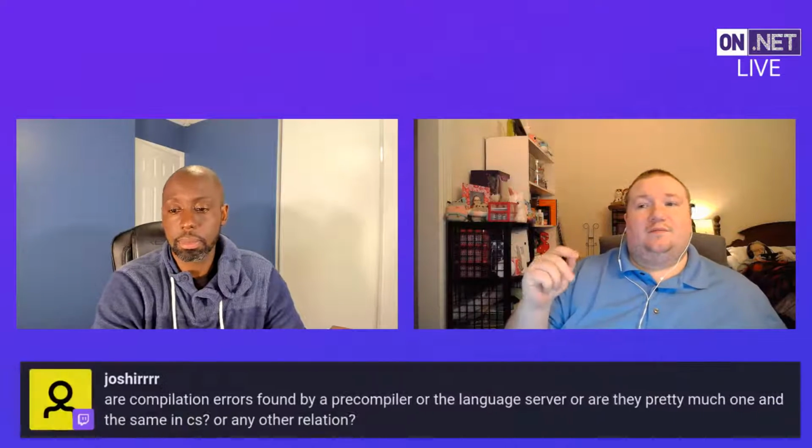Right. So we got another question coming in from Twitch, and someone is asking, are compilation errors found by a precompiler or the language server, or are they pretty much one and the same in C#? So in C#, they're very much one and the same. OmniSharp, the actual project that is being used in Visual Studio Code, has two parts.